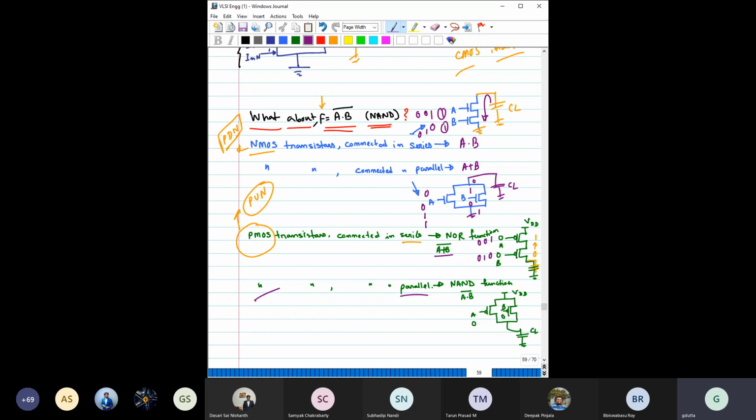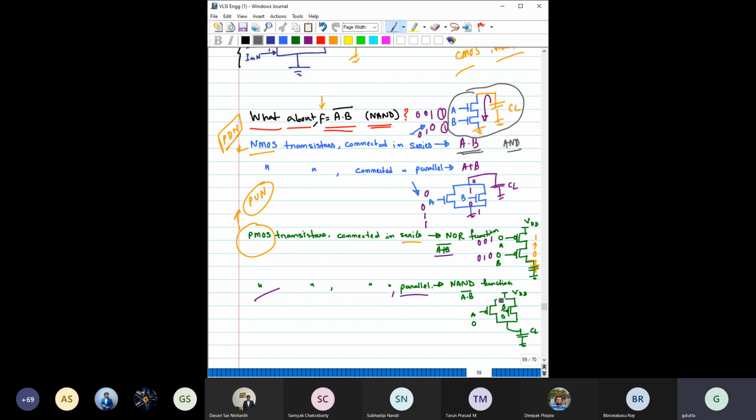So if you try to now generalize this discussion, then what you will observe from here, which color to pick? Yeah, let's pick this ash color. You can see from here, if you are connecting two NMOS in series, that basically gives you an AND operation.